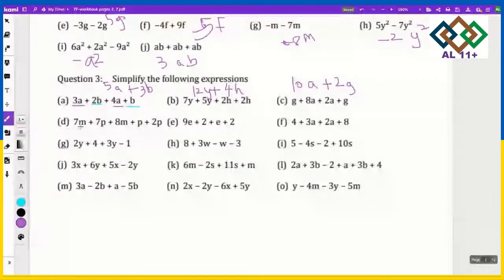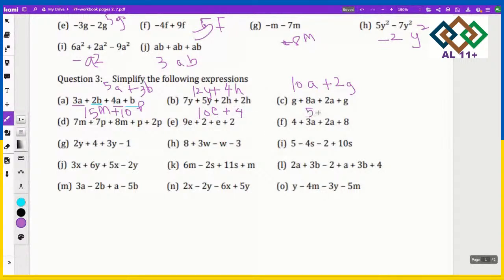And then your answer for D would be 15m plus 10p. Then you have the e. You will put the e first and then the numbers. So it'll be 10e plus 4. Then you have f.